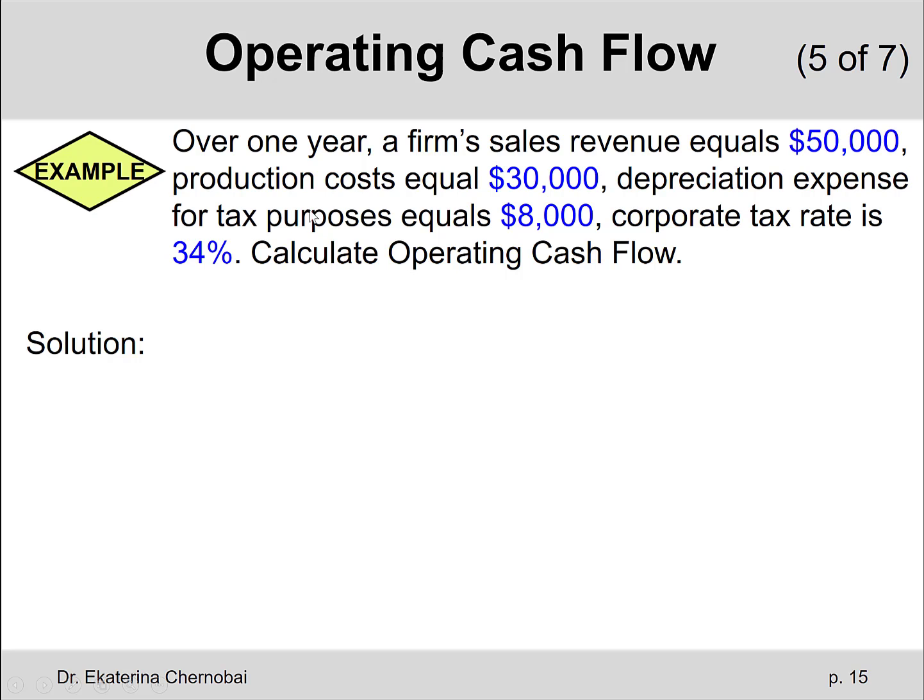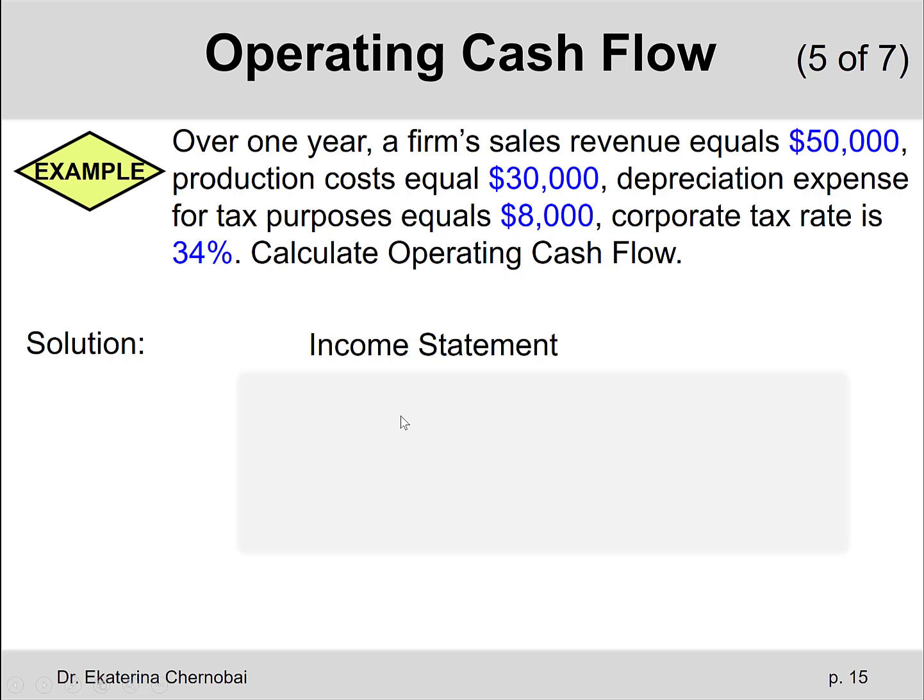Depreciation expense for tax purposes would equal $8,000, and corporate income tax rate is going to be 34%. How would you calculate the operating cash flow? Well, let's build the entire income statement first, and then we'll just pick the items that we need to follow the formula from the previous slide to find the OCF.